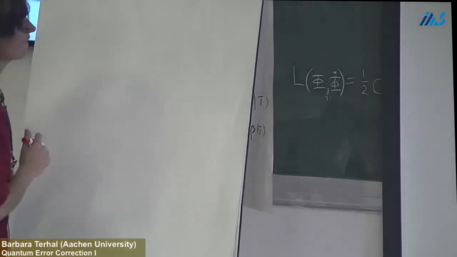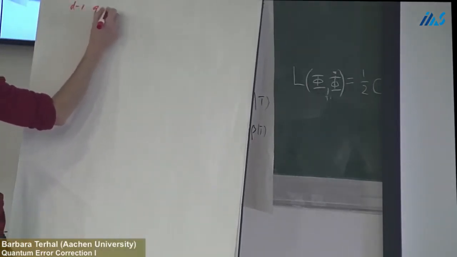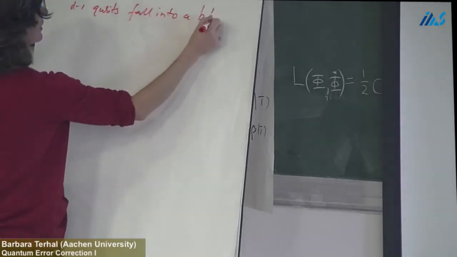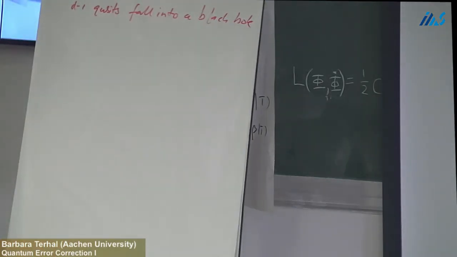Yeah? And so d minus 1 qubits fall into a black hole. What does it mean? The qubits there are lost. And I may as well ignore these qubits and replace those qubits by the completely mixed state.